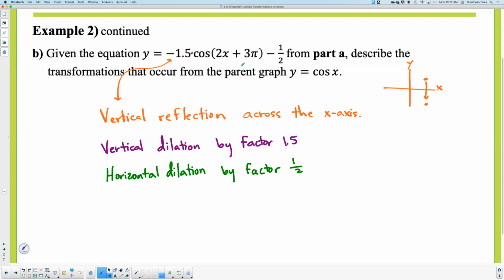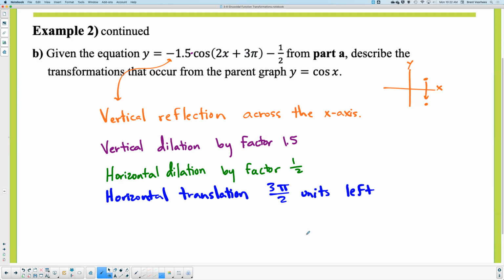Okay, plus 3 pi over 2. We're going to divide that by 2 as well, but what type of transformation is the C? Horizontal translation. And it was not just 3 pi over 2. I mean, not 3 pi, it's 3 pi over 2 units. Which way? It shows positive, so we go opposite, which means left.